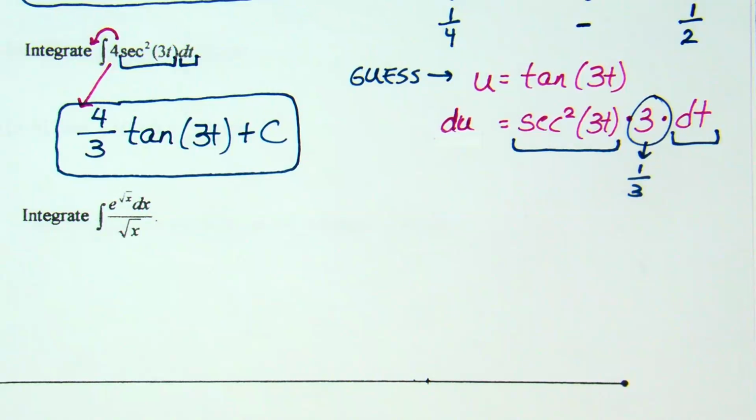Our final fun one to finish up. The integral of e to the square root of x dx divided by square root of x. What do we know about the square root of x's?